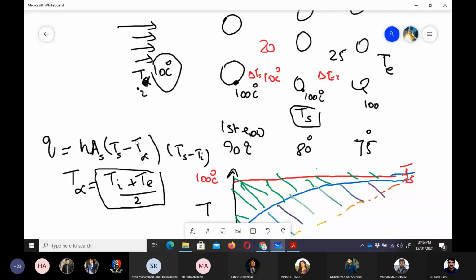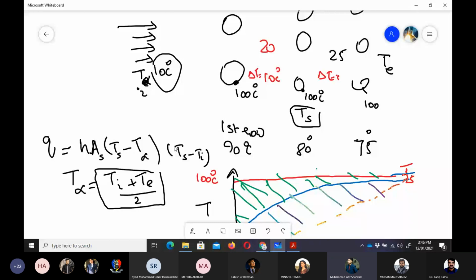So for the T infinity we need to take some average value. The first way of doing that is that we measure the temperature of the air at the inlet and at the outlet when it exits the tube bank, and then take the average. That would be T infinity. ठीक है ना? One way of doing things.